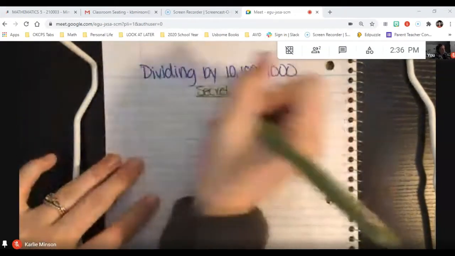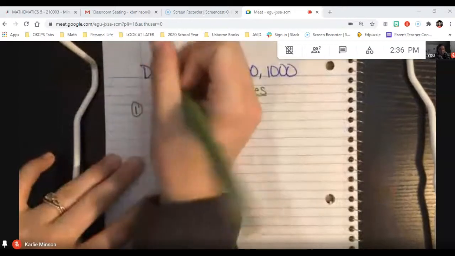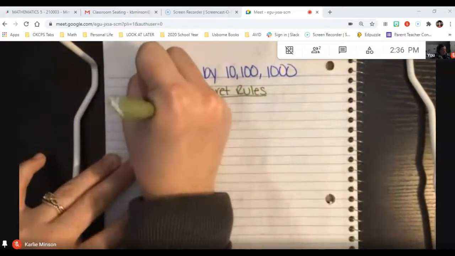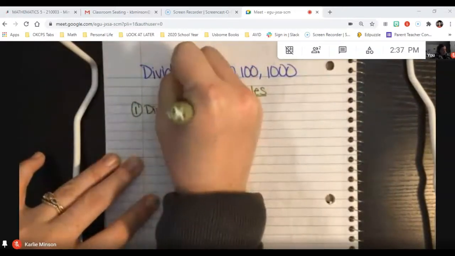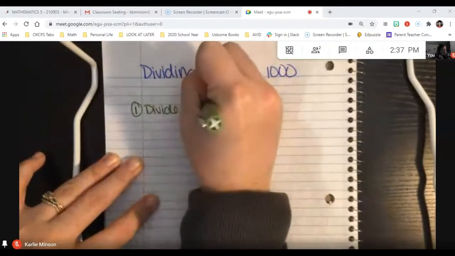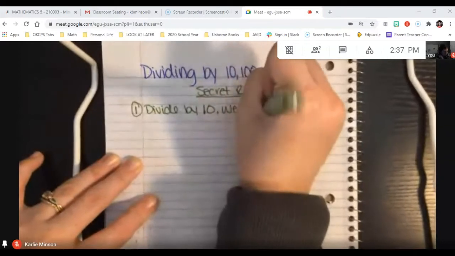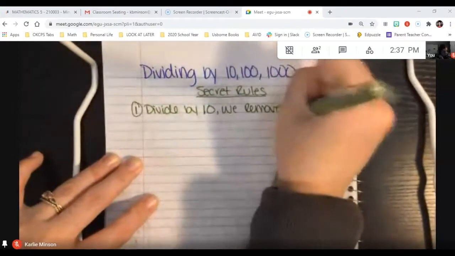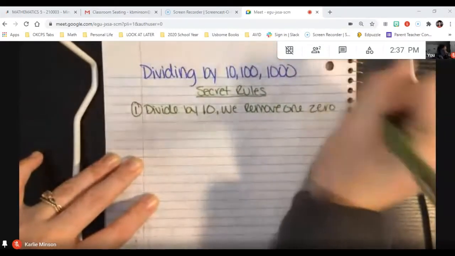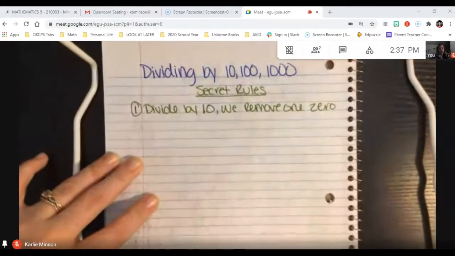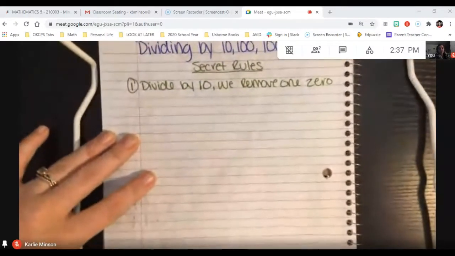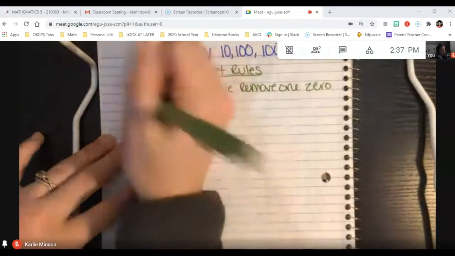So our three secret rules. Our first one is that when we divide by 10, we remove 1 zero.